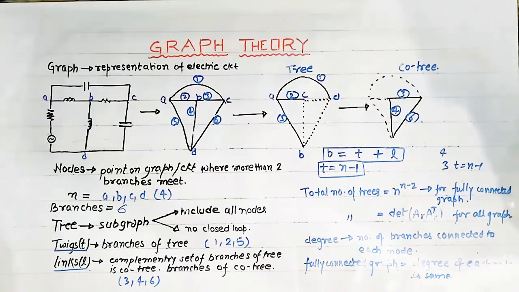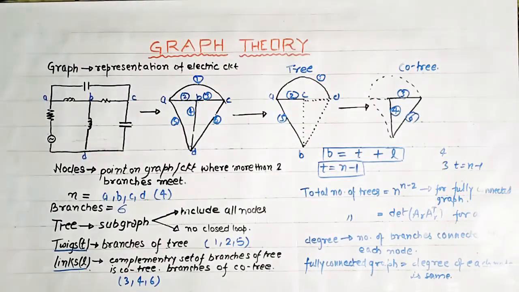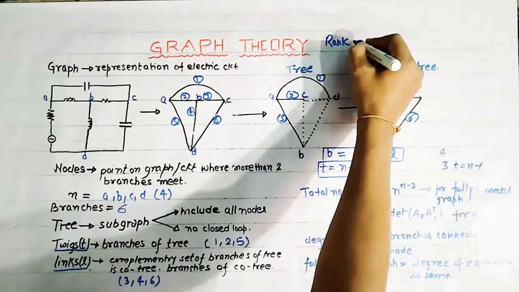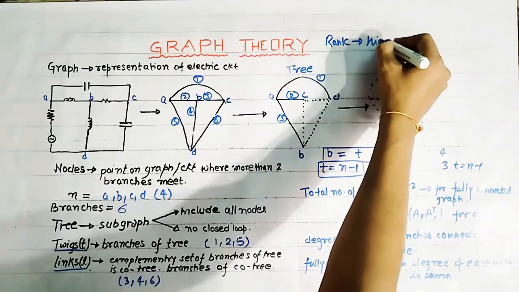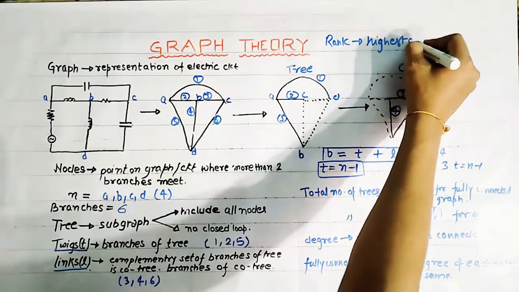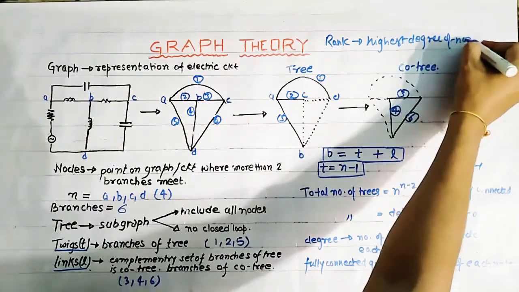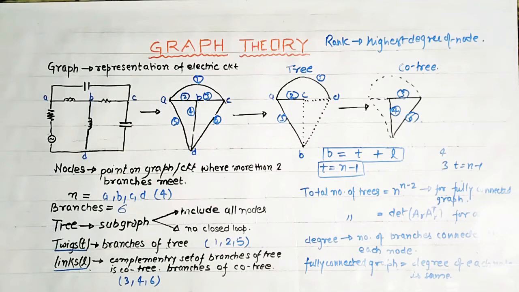Okay, now I tell you one more important relation. What is rank of graph? Rank means the highest degree of node. So the highest degree of node is called the rank of graph.